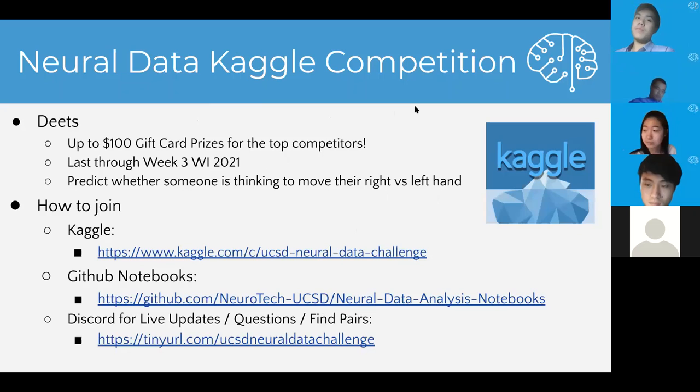It will last through week 3 of winter 2021, and you can start anytime you want, as long as you do it before week 3 of next quarter. The end goal of the workshop is to get a Jupyter notebook that models the data and helps you predict whether someone is thinking of moving the right hand versus the left hand.